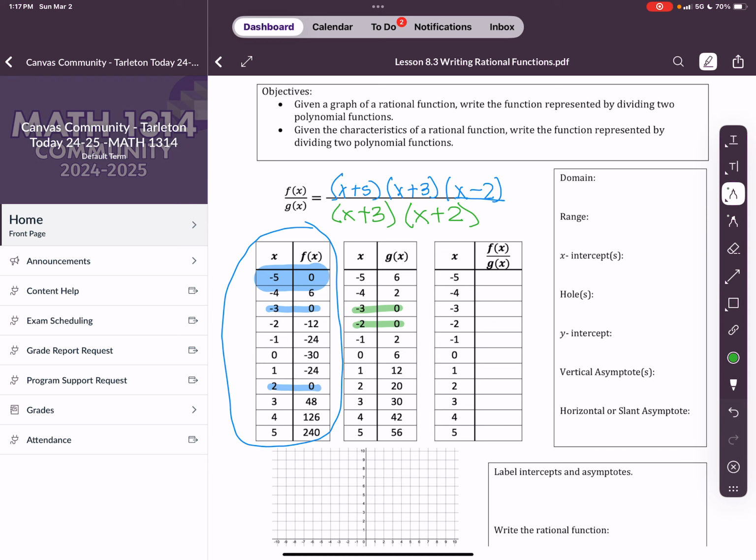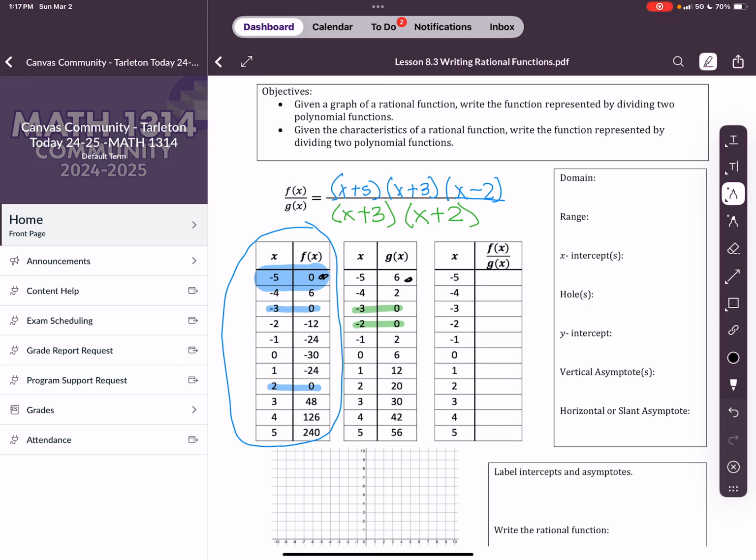Okay, now we need to complete the table of f of x divided by g of x. And as a reminder, you can use your graphing calculator if you would like to. Type it into your y1 and then go to your table. Or you can do your f of x value here of 0, this one, divided by 6, okay?